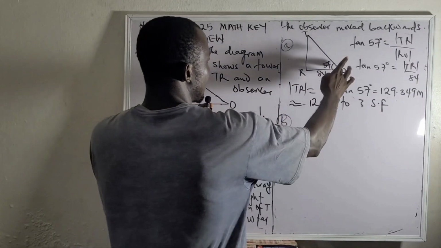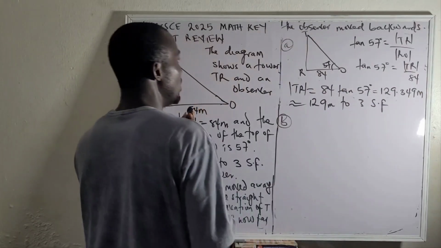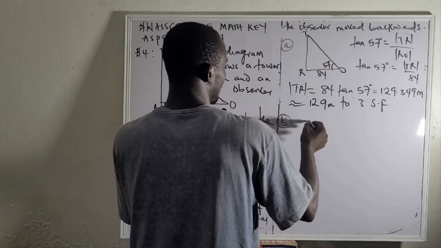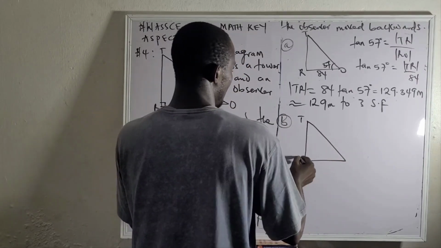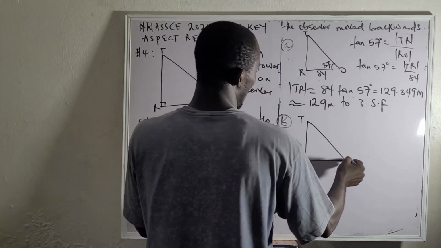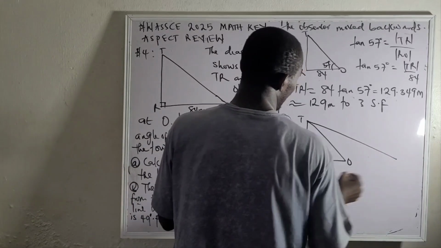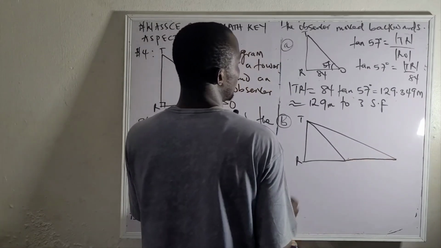49 degrees means he has gone far, he has gone backwards some meters, so I want to represent that. This is what I had before, with my T, R and O. Now he has moved away, and this is what we have.